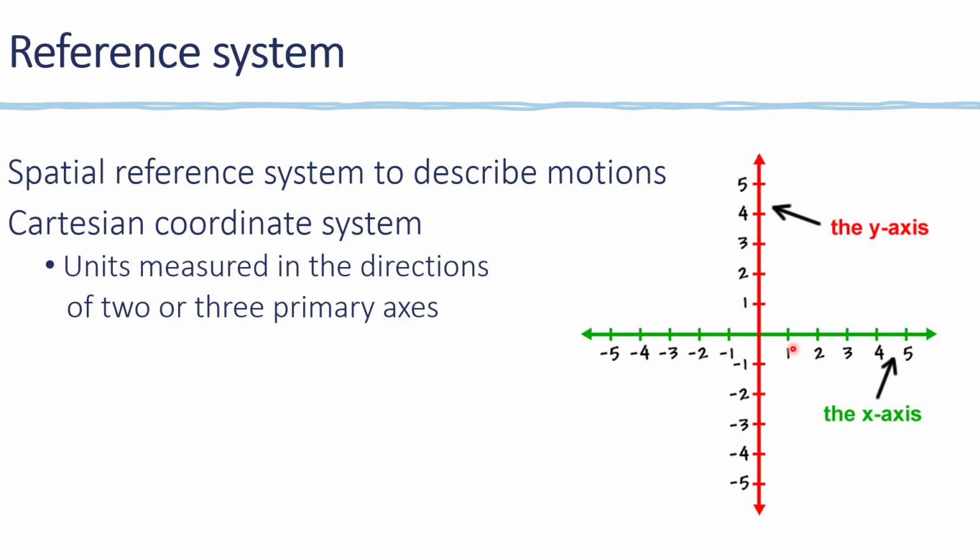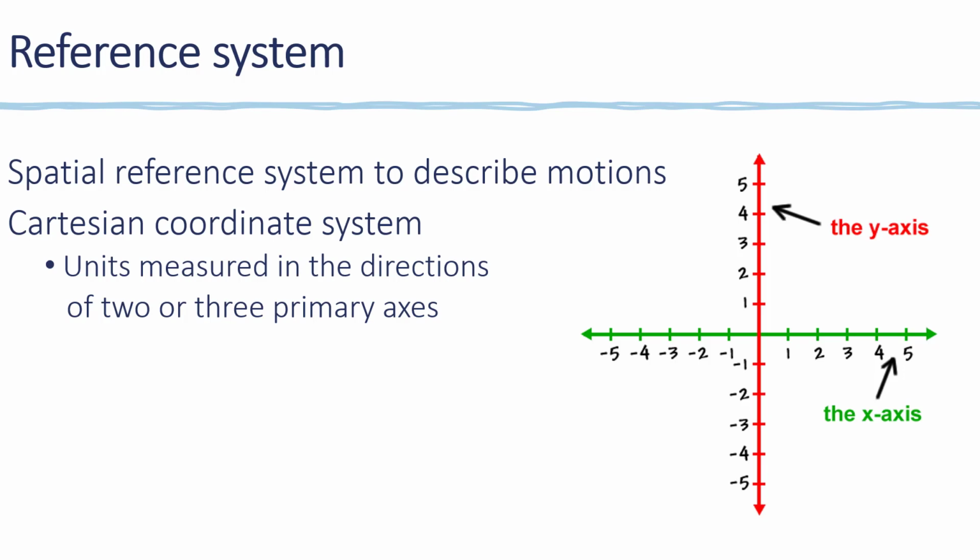So in a 2D coordinate system, points of interest are measured in units in the x-axis, so the horizontal axis, and the vertical axis, or the y-axis. And when we analyze the motion of the human body, the points of interest are usually the body's joints, so the elbow, the knee, the ankle.